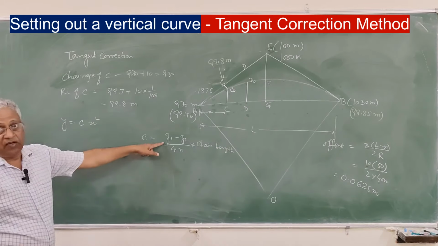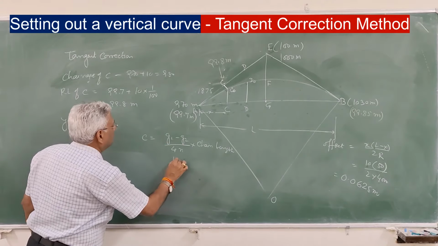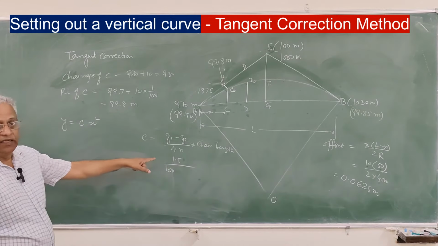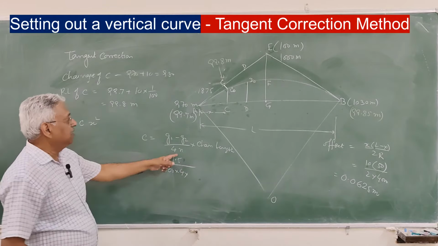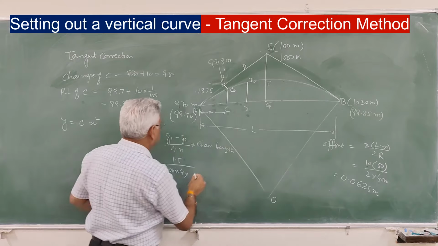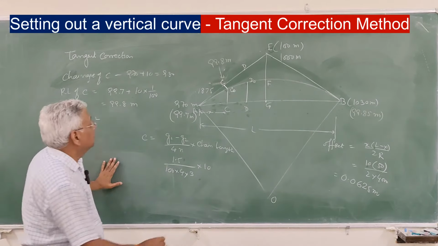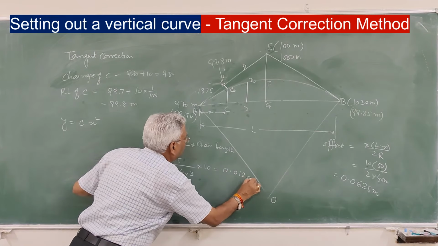So G1 is 1%, G2 is 0.5%, so this is 1.5 divided by 100 in radian into 4 into n. N is the number of chains in half length of the curve, that is 3, into 10 meter. This is 0.0125 meter.